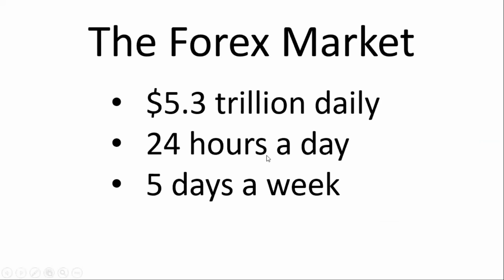I usually say approximately 7 trillion daily is cleared in this market. It's a 24-hour a day market, and it goes on for 5 days a week, from Sunday night to Friday night. We'll discuss this a little later.